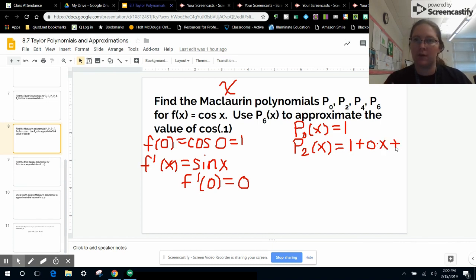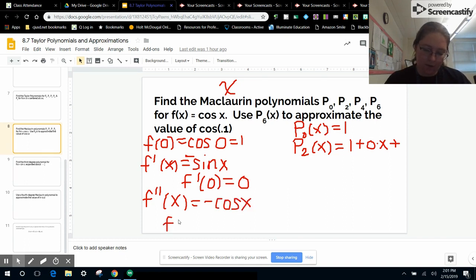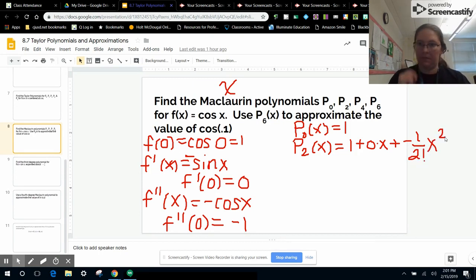All the odd degrees are going to go away. My second derivative: the derivative of cosine is negative sine, but it's still 0. Now the derivative of negative sine is negative cosine. So f double prime of 0 is negative 1. So for the second term, it's negative 1 over 2 factorial x squared. I can rewrite that as just 1 minus 1/2 x squared.